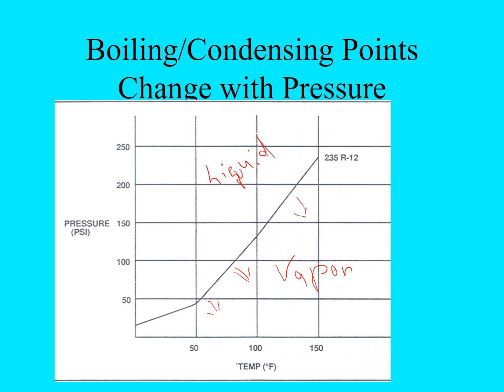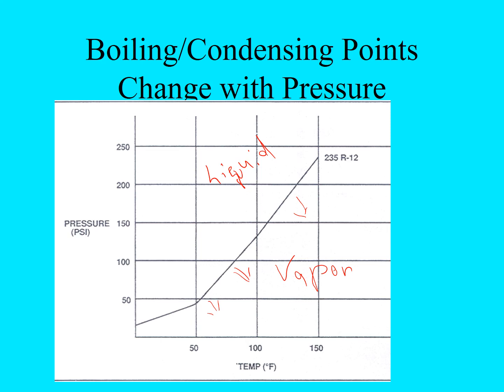So on this side, we're going to have vapor. On the other side, we're going to have liquid. And it's just because of the temperature and pressure on the refrigerant in the sealed system. So in a refrigeration system, there is going to be liquid and vapor. Okay, we're going to use a compressor to increase the pressure on one side so that we can get the vapor to condensate.